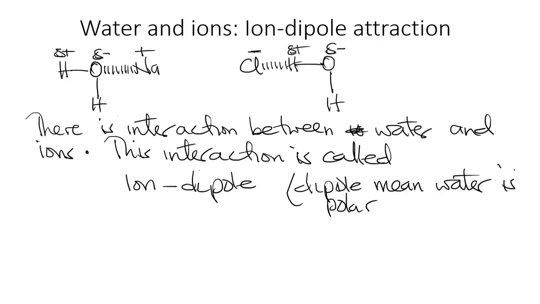That's what it means. So there are two things about water. Water can form hydrogen bonding. Now that is when it is not dealing with ions. Water can form ion dipole. That is when it is dealing with ions. So we need to take note of that.